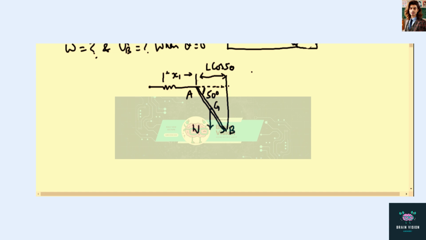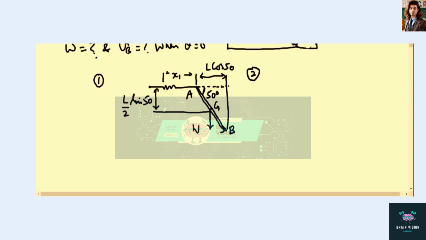And this value, if you calculate, it will be L sin 50 by 2, sorry. This is the position 1.